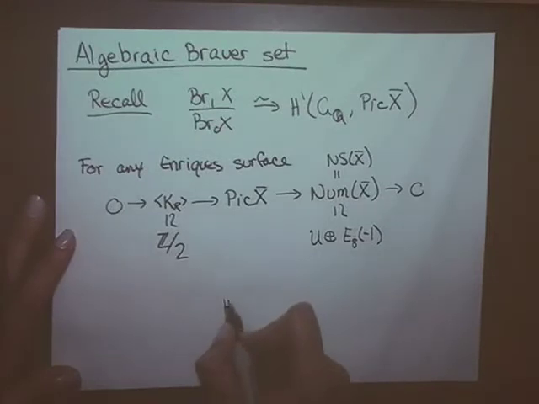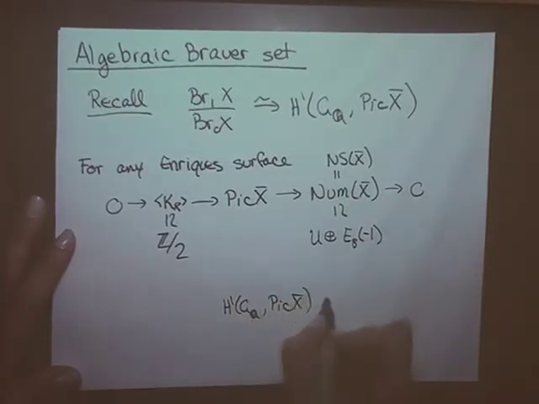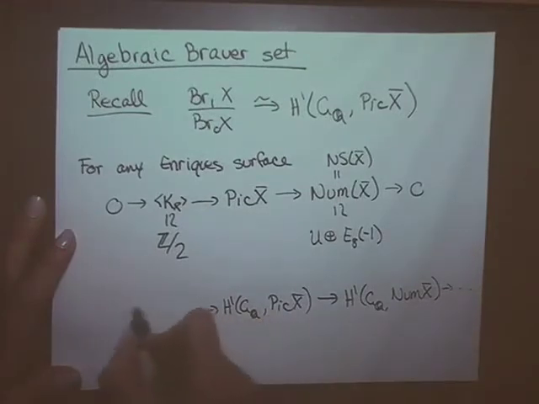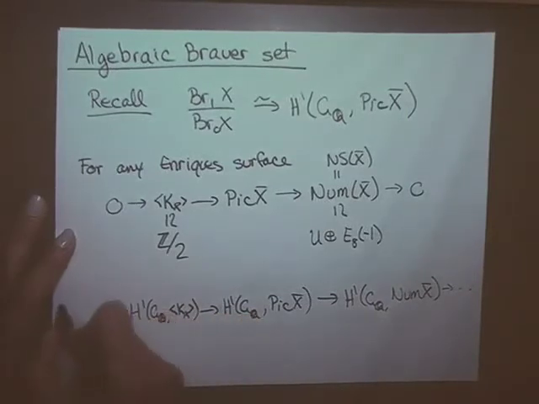Okay, so when I look at the long exact sequence from cohomology, what I want is here, and this maps to H1(G_Q, Num X bar). And from here, I get an H1(G_Q, K_X) and H0 of Num X bar.